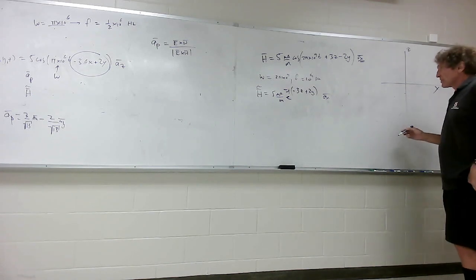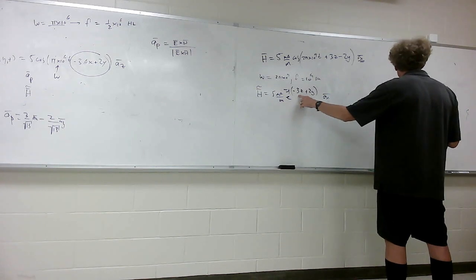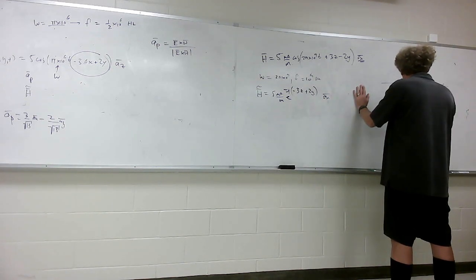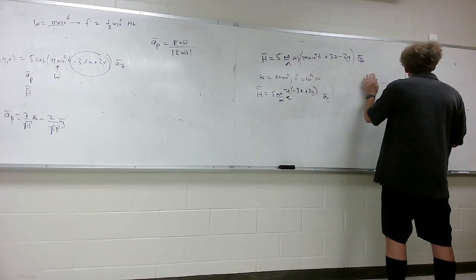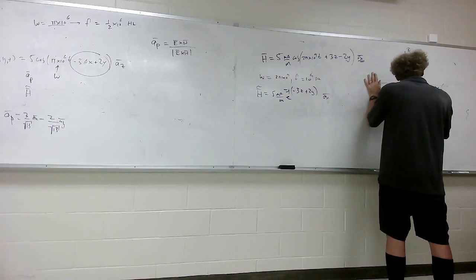All right. So here I have minus 3z, and I have 2y. That is beta right here.